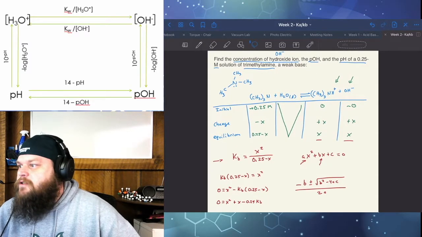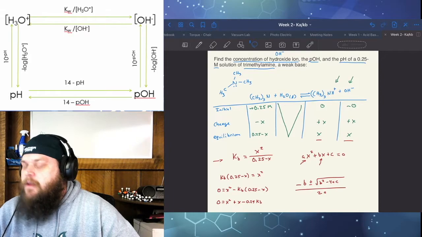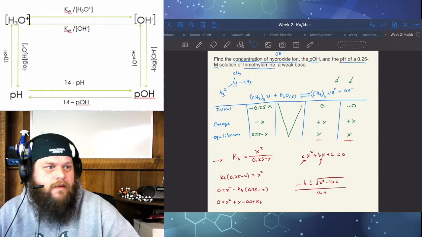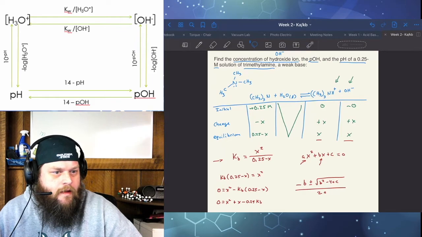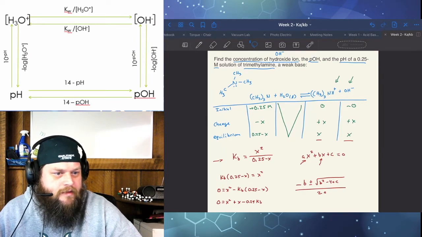I feel like we want to jump over and look up our value for KB to find that X. Let's try looking up dimethylamine. There we are. That's dimethylamine. I was looking at the KB table to see if we have a value for KB so I can find those concentrations.